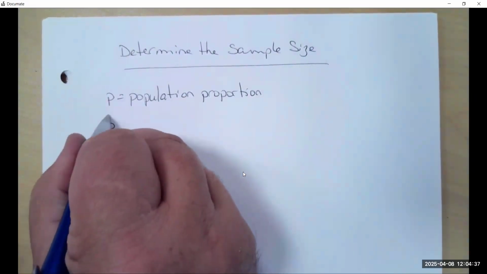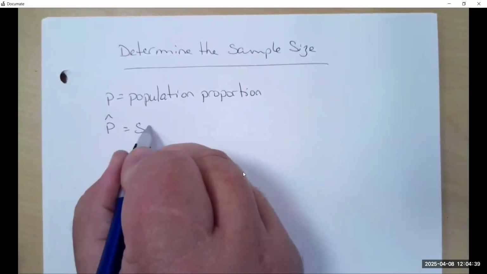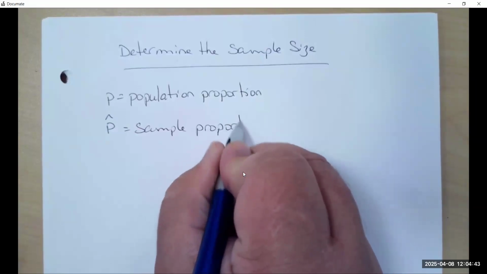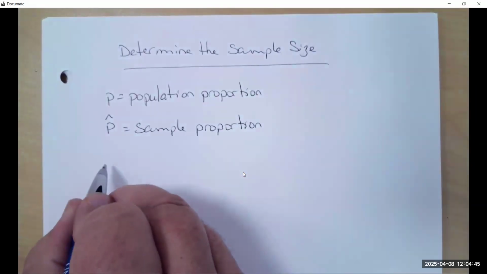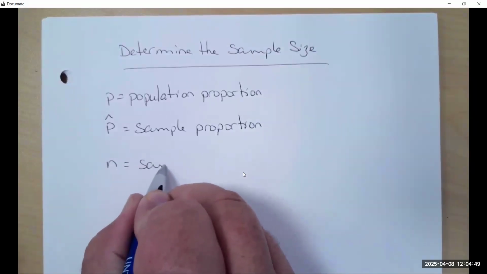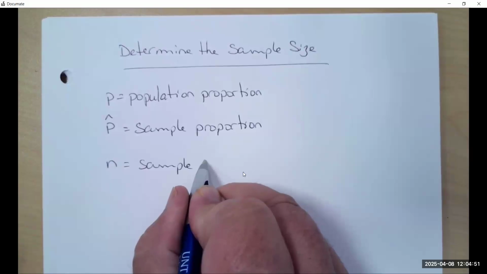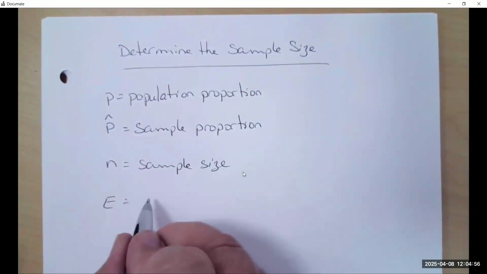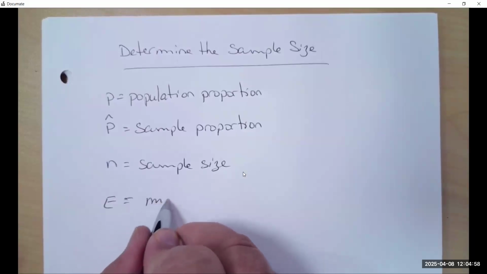P hat is the sample proportion. N is the sample size. E is your margin of error.